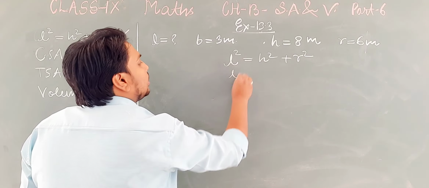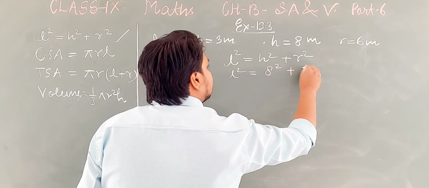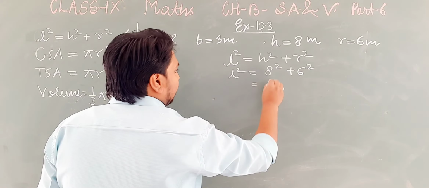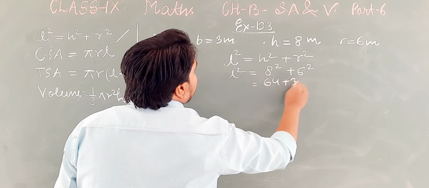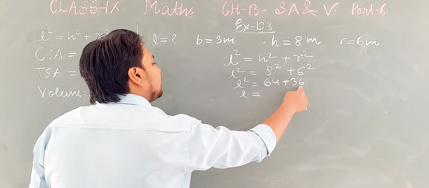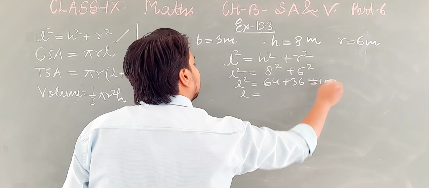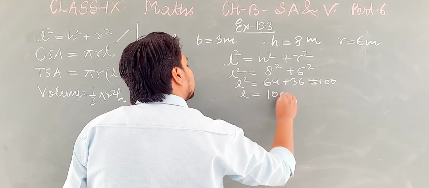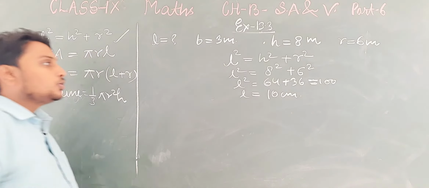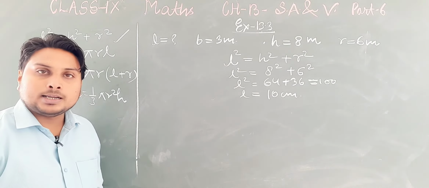H square means 8 square plus r square means 6 square. So it will be 64 plus 36, that is 100. If L square is 100, then L is 10.